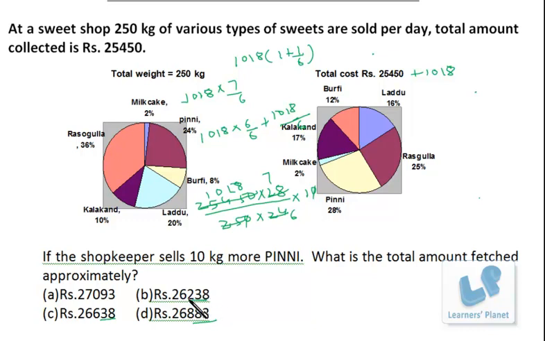Now for the hundredth digit, let's take it as 150 or 160, right? Now 25450 plus 1018 plus 150, that is your final answer. Just add them horizontally. Do not go for the vertical addition. How do we add horizontally? That also I have told you in my calculation sessions.